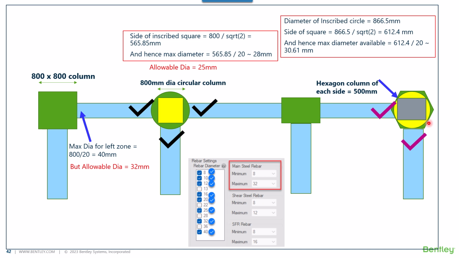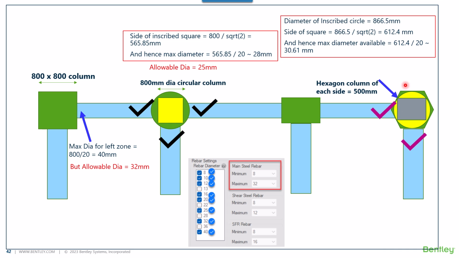Now coming to this particular shape of hexagon, what RCDC is going to do is, it is going to internally draw an inscribed circle, and for that particular inscribed circle, it will plot a square, and the dimension of this square will be then considered for determining what would be the maximum diameter allowed.